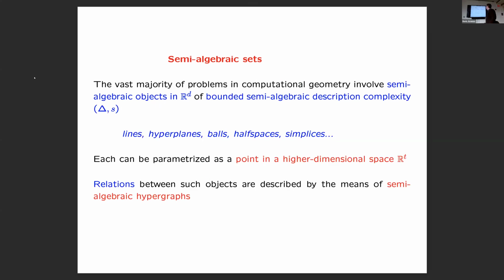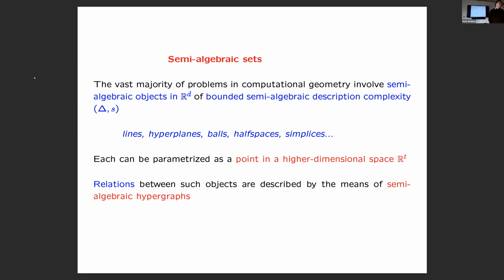As it happens, the vast majority of problems in combinatorial and computational geometry deal with semi-algebraic objects of bounded description complexity.